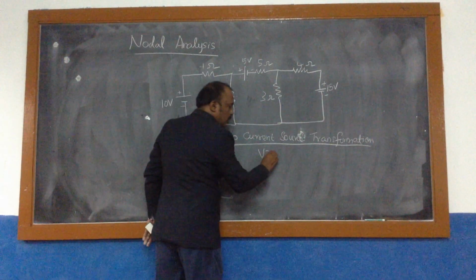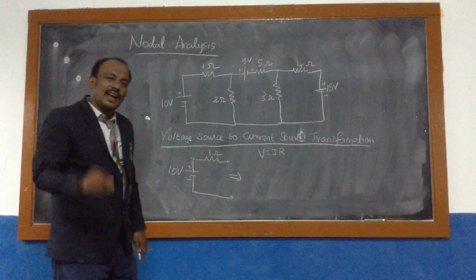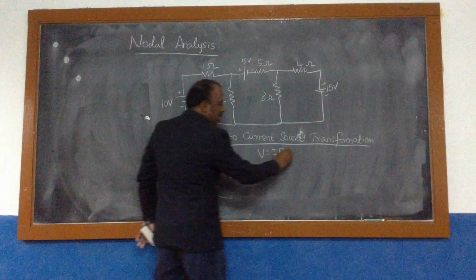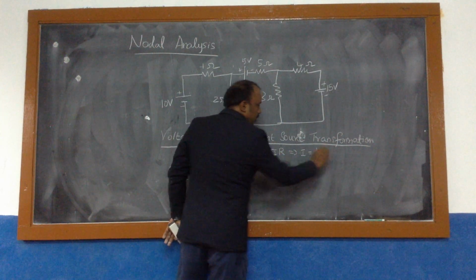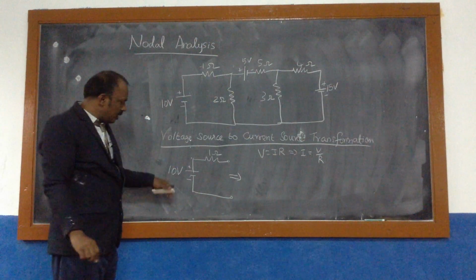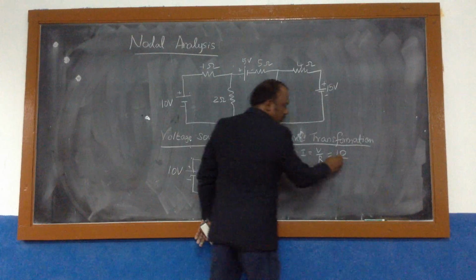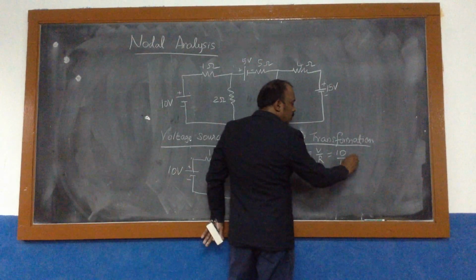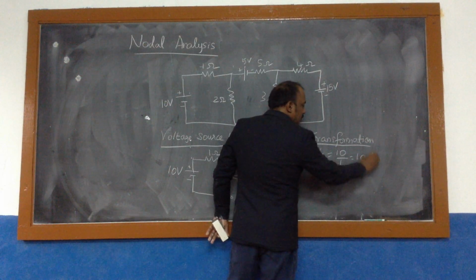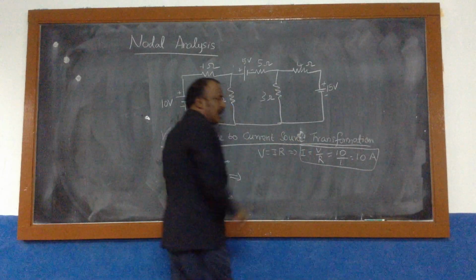V is equal to I into R. So what is the I value? V by R. What is the voltage value we know from this element? 10 volt. What is the resistance value given? 1 ohm. So 10 divided by 1 equals what? 10 ampere.